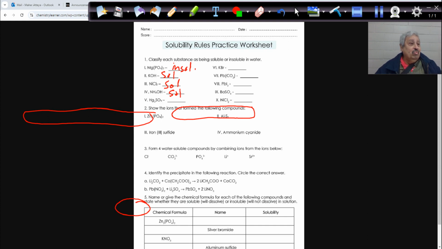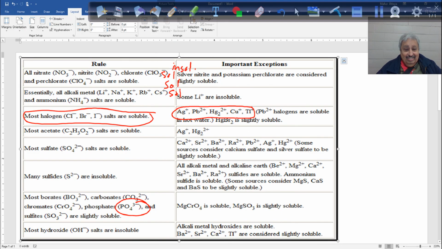Mercury(I) sulfate. All the sulfates are what? Soluble, except when they connect themselves back again to our exceptions. So where is the sulfate, correct? Sulfate is here. They are always soluble, that's what we said.